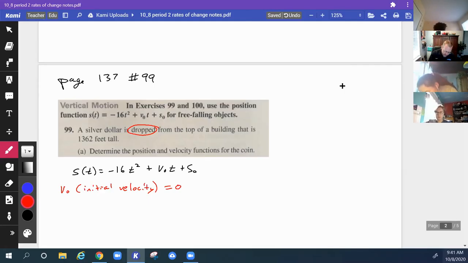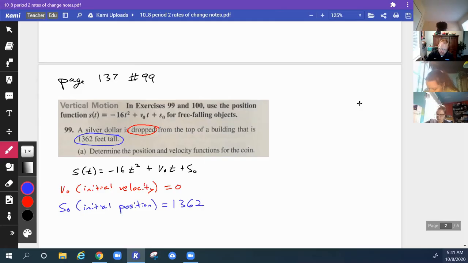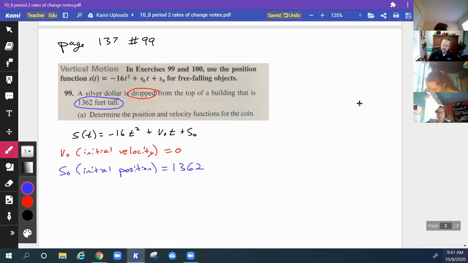If I take a look at this part, that is from the top of a building, 1,362 feet tall, that tells me that my initial position, s of 0, is going to be 1,362 because I'm at the top of that building.